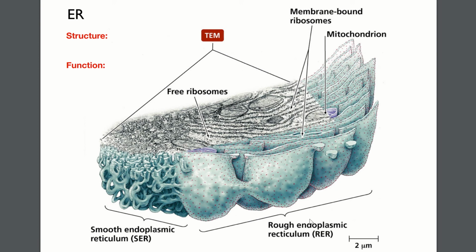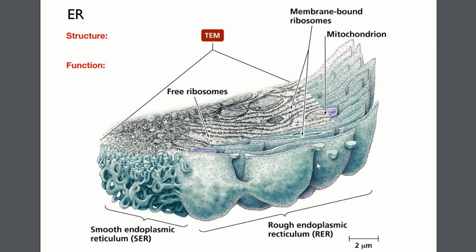What's the difference? Well, rough ER has a thing called ribosomes attached to it. If you remember our topic from last term, we learned that ribosomes are what make proteins. Ribosomes join up amino acids into amino acid chains, and they fold them into a specific structure so it becomes the protein and functions the way it does.